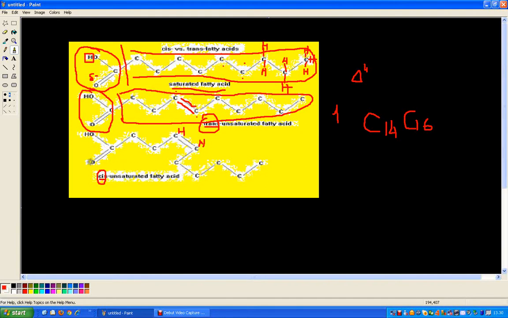Anyways, the cis configuration is the one which is more present in nature. So you're going to mainly find this right over here. If you think of it, the saturated fatty acids are going to be, well, this isn't a very good representation, but they're going to be more packed up. So if you think of millions of these molecules, one next to the other, there's going to be less possibility for them to move.